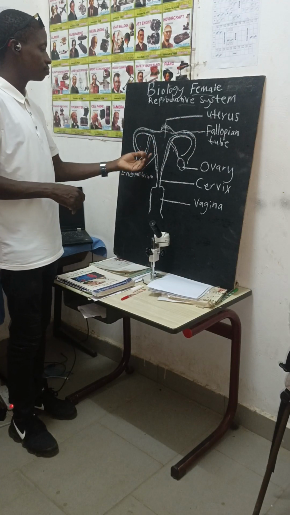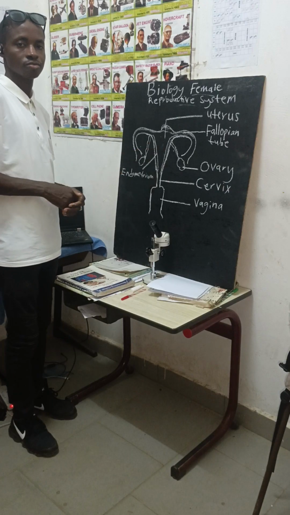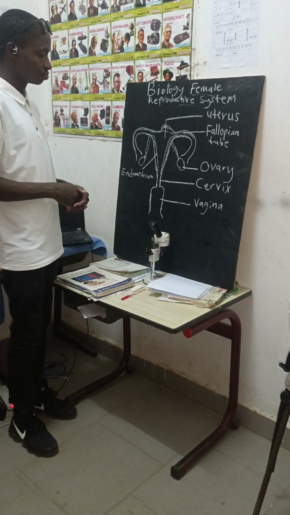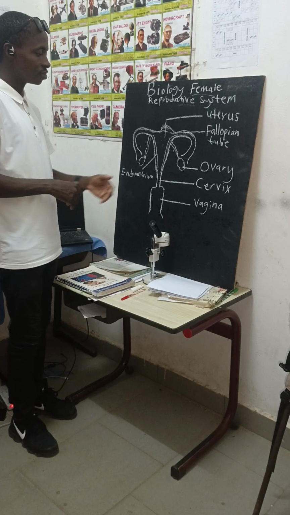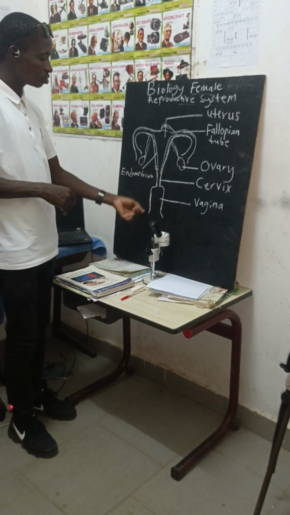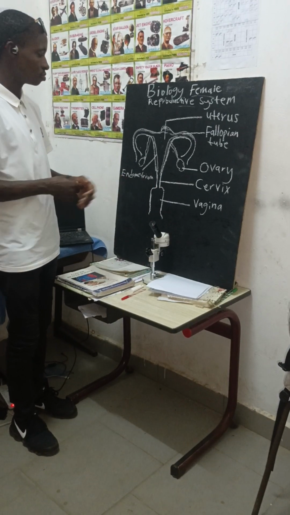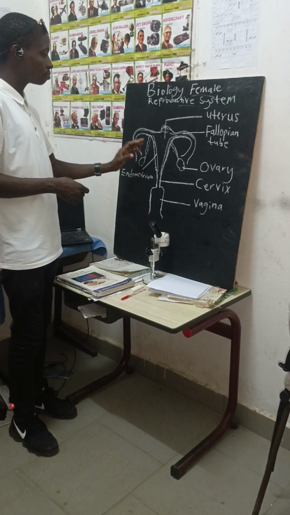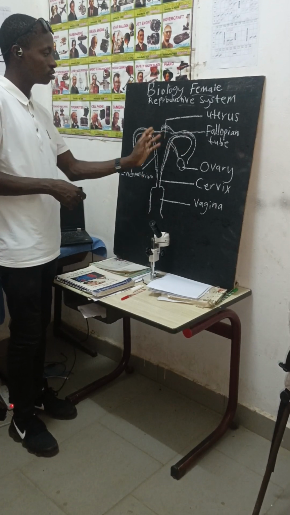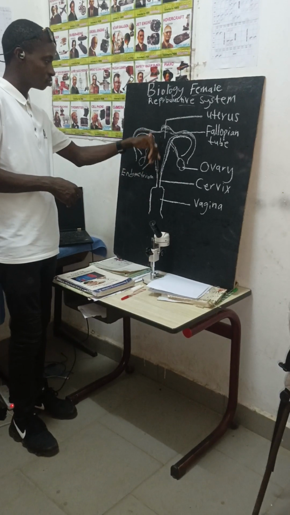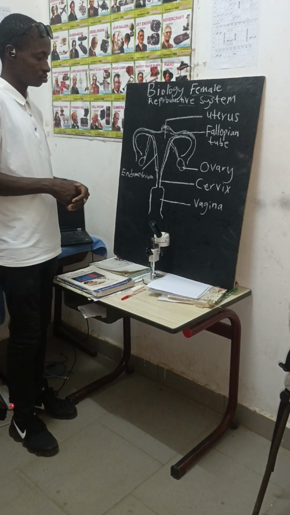The uterus is where the embryo develops, where the baby develops. Then the vagina is a birth canal. Menstrual blood also passes through it. It also receives the penis during sexual intercourse. At the endometrium, implantation can occur. That is when the embryo gets attached to the wall of the uterus.